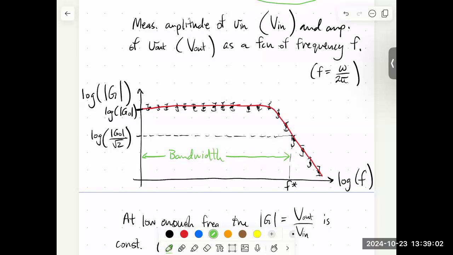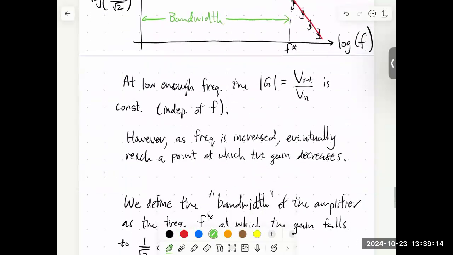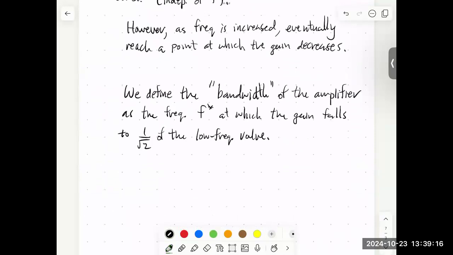And in fact, what you'll see is even more distortions of the signal. So it won't look like a pure sine wave in all cases. So what the bandwidth does is it tells us the frequency range over which we can use this amplifier and get well-behaved results.